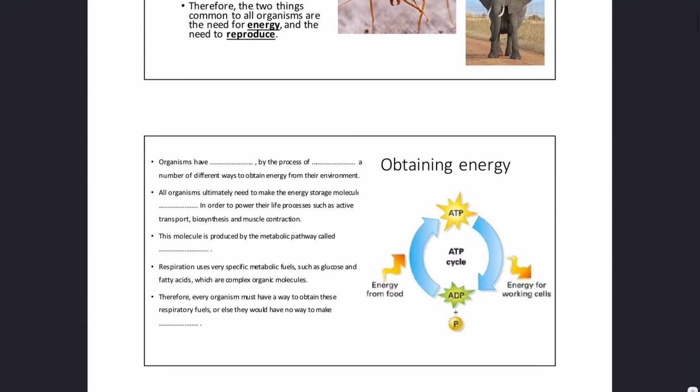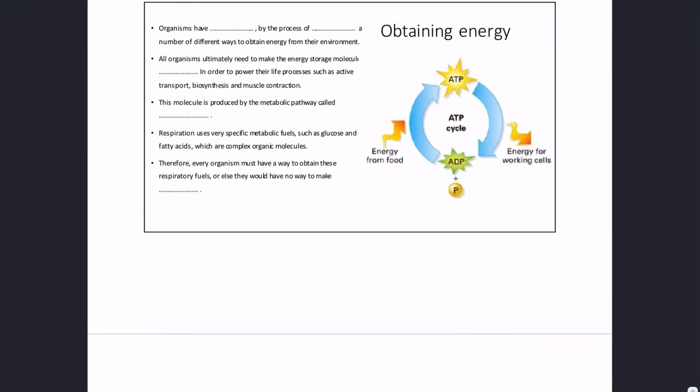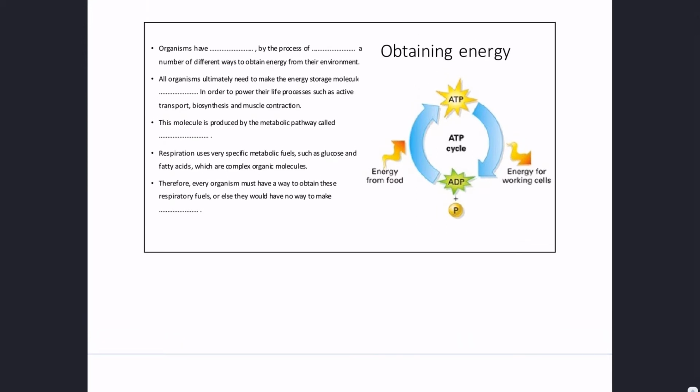So let's begin then. We have this idea that every organism is made of cells, and every cell, in order to function, needs ATP. And in order for that cell to be able to make ATP, that cell needs an input of what we call complex organic molecules.